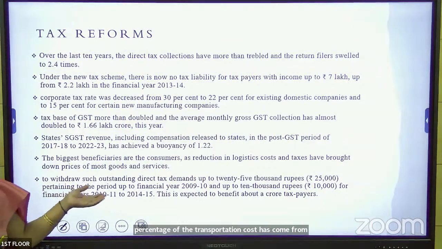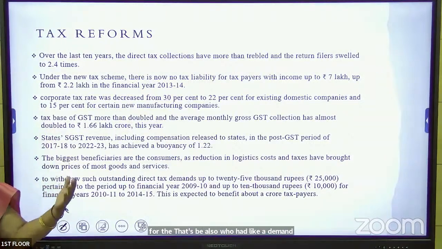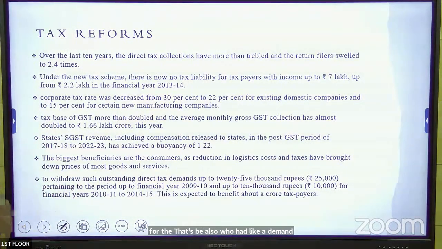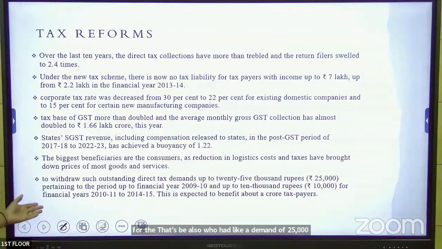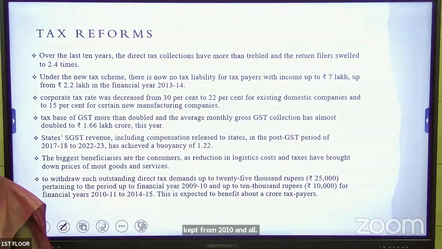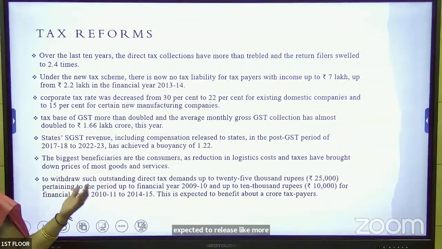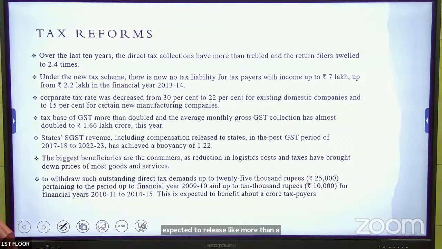And a smaller relaxation the government has also given for the taxpayers who had a demand of 25,000, 10,000, and all small pendings which they had kept from 2010 onwards. So they have tried to waive it off, and that is expected to release more than a crore taxpayers. 1 crore taxpayers are getting benefited. You all know, if you go above the threshold, you have to pay the tax.